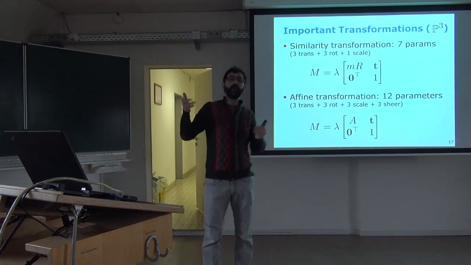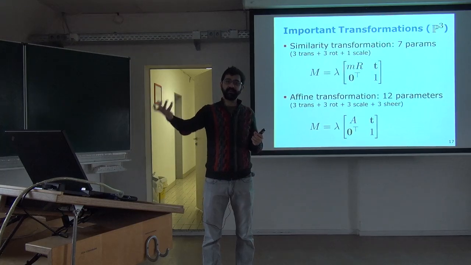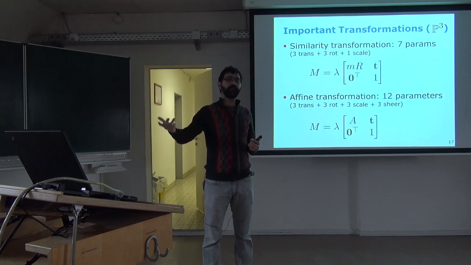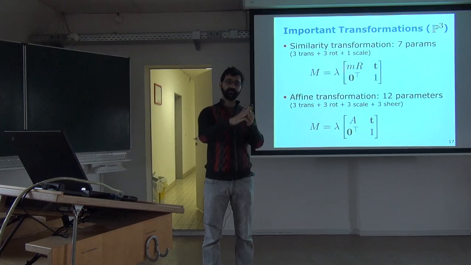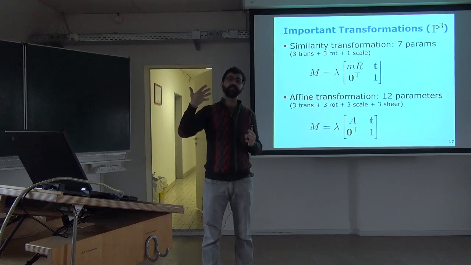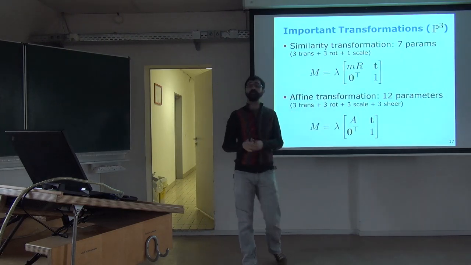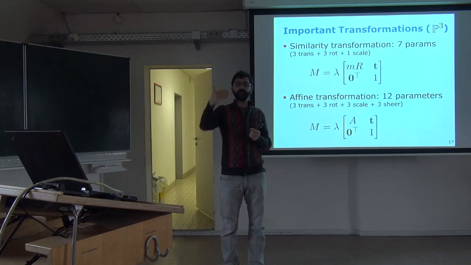If you deal with objects that are physically in a space and they cannot be enlarged or shrunk, this will never happen. But if you have cameras or sensors that just take part of your environment and put it into a projection, then you might have something like this. Because imagine you are standing here, you see the same object in front of you, or like 10 meters in front of you, or 100 meters in front of you. This will just be seen as a scaled version of the same object in your camera.